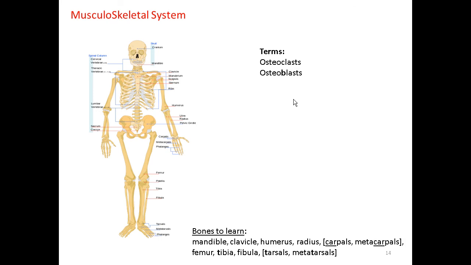Bone remodeling. So even if you're done growing, if your growth plates are now solid, they can take an x-ray of your long bones to tell if you're done growing, you still will remodel your bone. So for instance, hypothetically, if you can't walk for a year, your bones will actually atrophy because they don't have pressure on them because you'll be sitting a lot.